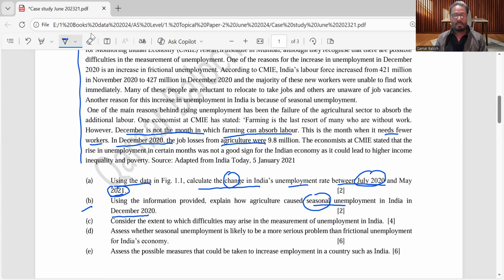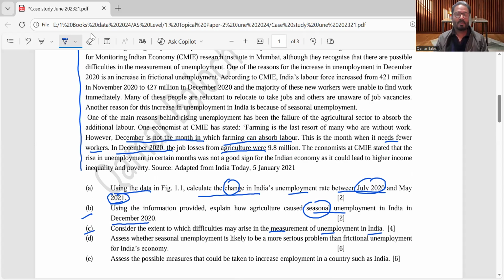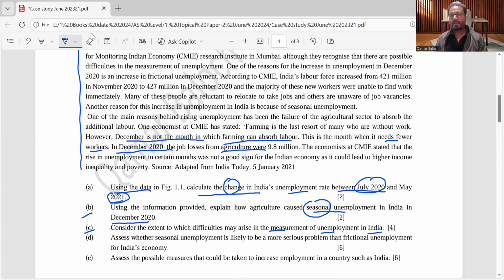The next question is part C: consider the extent to which difficulties may arise in measuring unemployment in India. If you look into the data, you will find that India is mainly dependent upon the agriculture sector, and the agriculture sector is an informal sector.